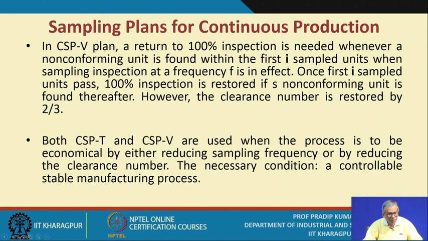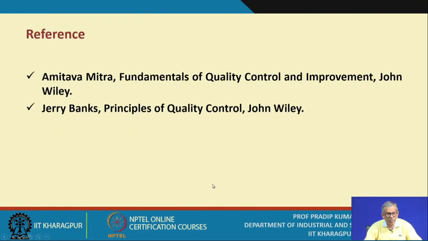Once the first i sampled units have passed, 100% inspection is restored if s non-conforming units are found thereafter. However, the clearance number is reduced to 2/3. That means both CSP-T and CSP-V are used when the process is to be made economical, either by reducing the sampling frequency or by reducing the clearance number. The necessary condition is a controllable, stable manufacturing process.